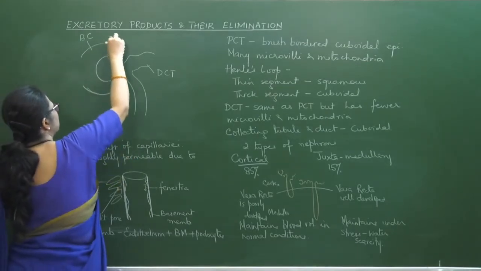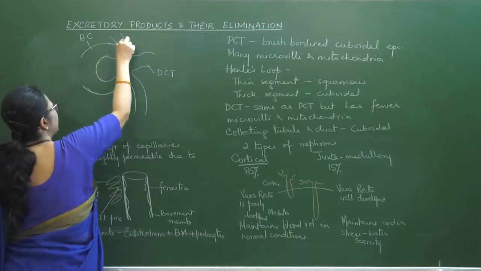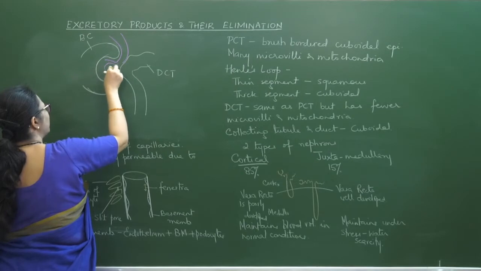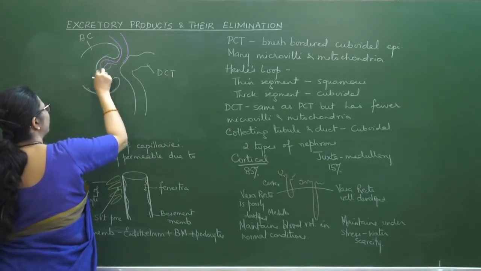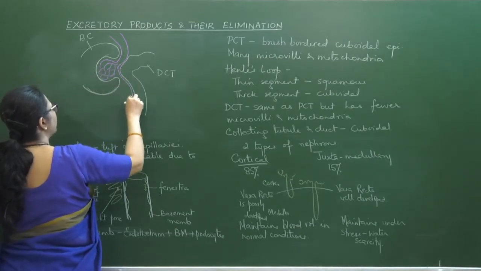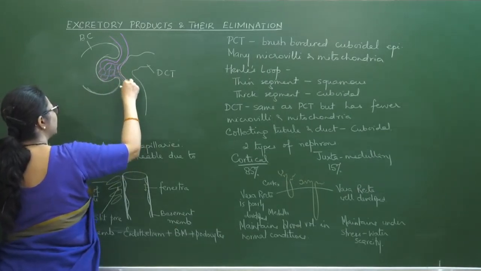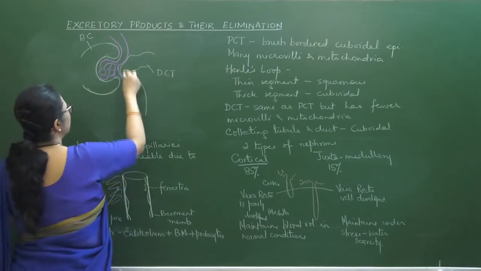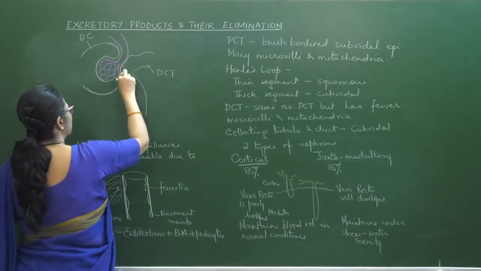So on one side you see it is the afferent arteriole coming in. This afferent arteriole is then branching into a number of capillaries, right, which is the glomerulus, and when it goes out from here, it is a narrower blood vessel, which is the efferent. Okay, and here in the DCT, at this point there are certain cells.